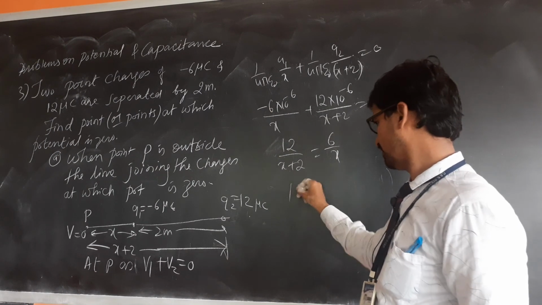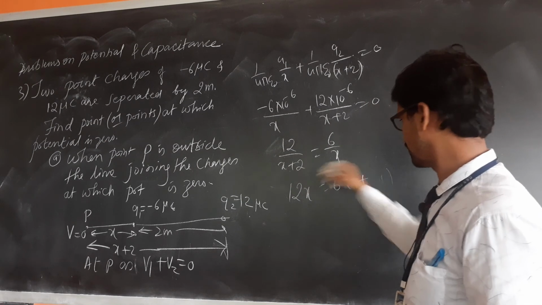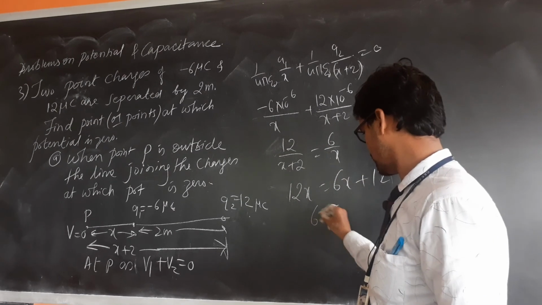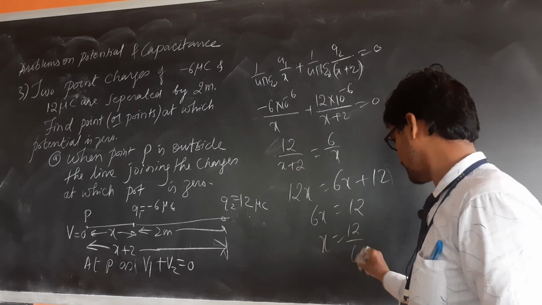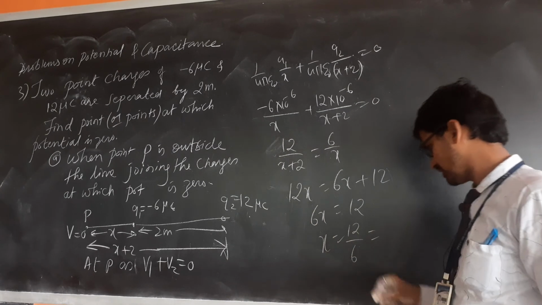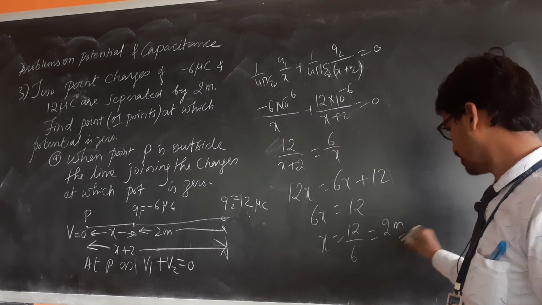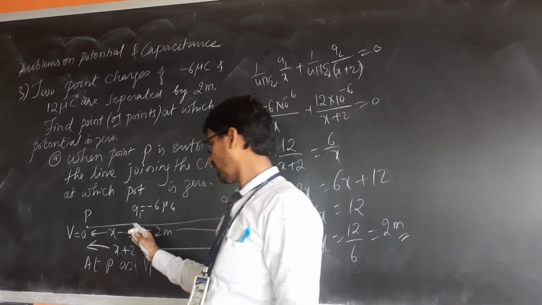Cross multiply: 12x is equal to 6x plus 6 twos are 12. 12x minus 6x is 6x is equal to 12, so x is equal to 12 by 6, which is 2 meter.